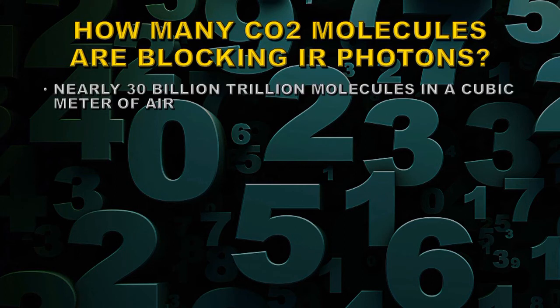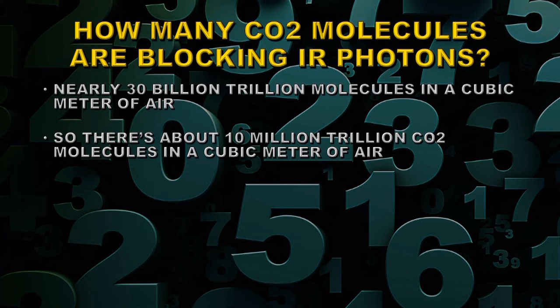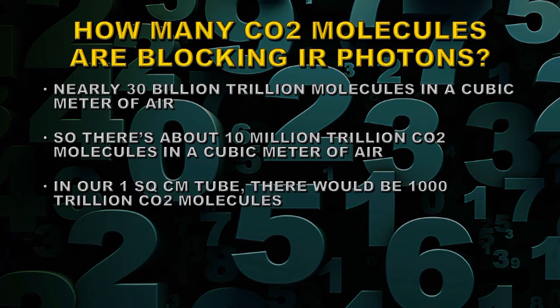We can take a look at the number of molecules in a cubic meter of air, and that's 30 billion trillion molecules. So there's about 10 million trillion carbon dioxide molecules in a cubic meter of air if you consider there's 410 parts per million of carbon dioxide. So in our 1 square centimeter tube, 1 meter long, there would be about 100 trillion carbon dioxide molecules.